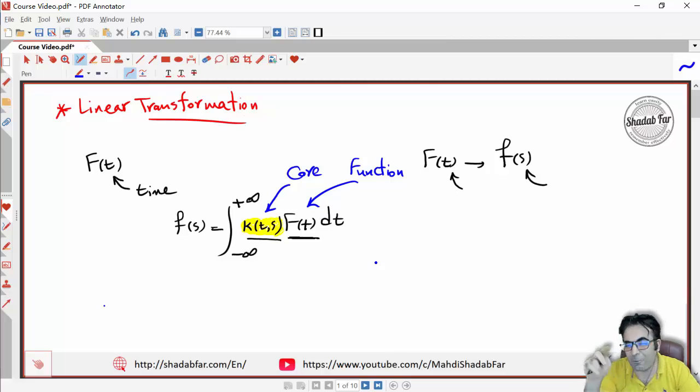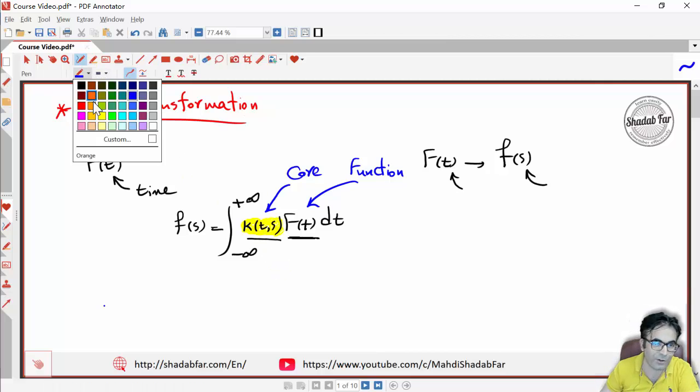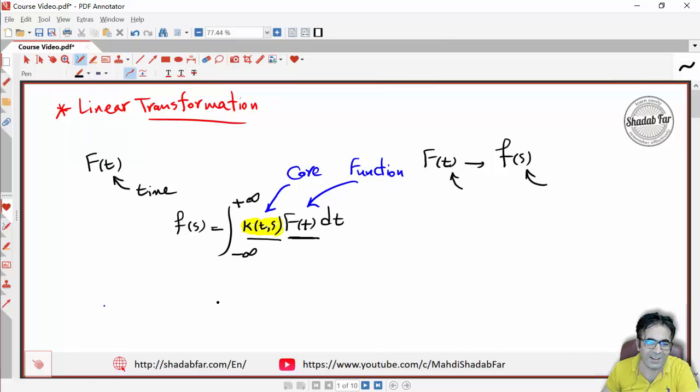But actually, the one that we are going to learn in this course and that is really famous in engineering and science is a little simpler than this one, because here we don't know exactly what the core function or the kernel function is. But I'm going to simplify it and show you what type of kernel function we are going to work on. So K(t,s) equals 0 when t is less than 0.